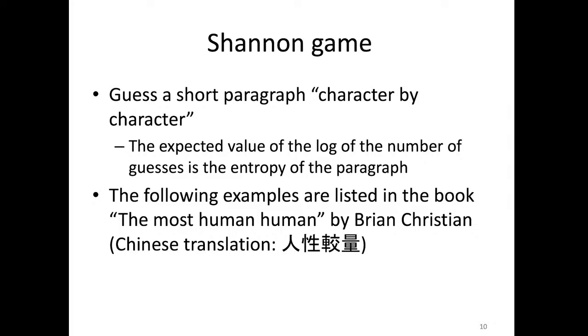Okay, so I'll skip this example. This is an example illustrated in a book called Shenlong Game, and it has a Chinese translation called 人性较量. If you're interested, you can read it by yourself. This is a very interesting book talking about most of this book is related to information theory and some of the what's that?